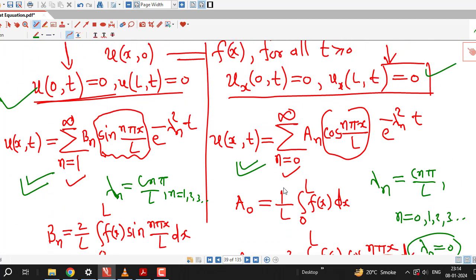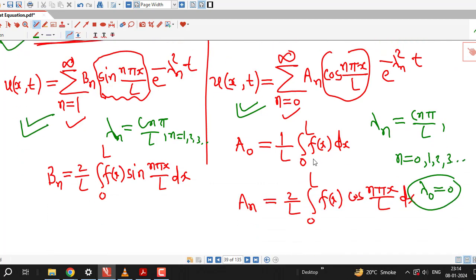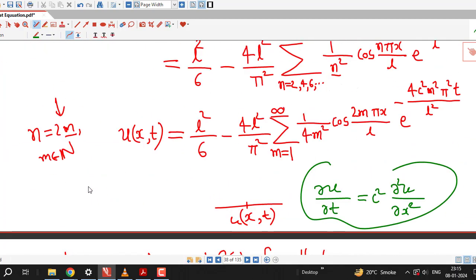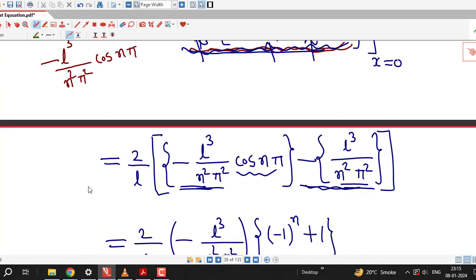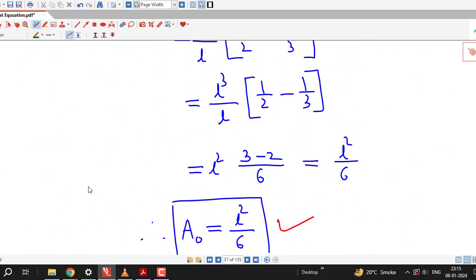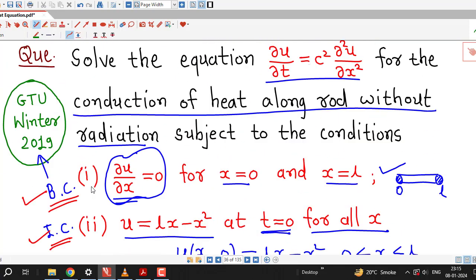And once we understand all these things, then calculations are easy. All we have to do is apply the integration formulas, and mainly we are using integration by parts. So in this way we can easily solve any problem of heat equation related to these two cases.